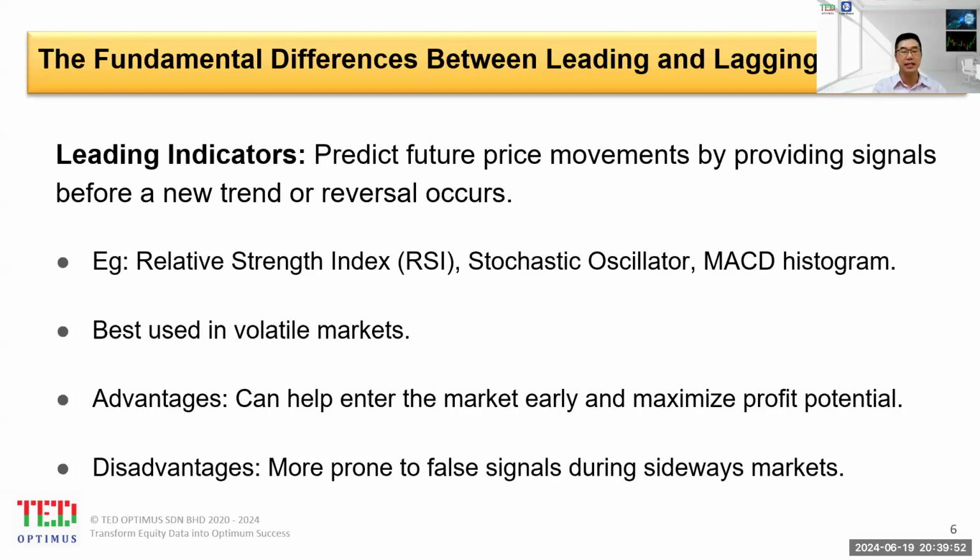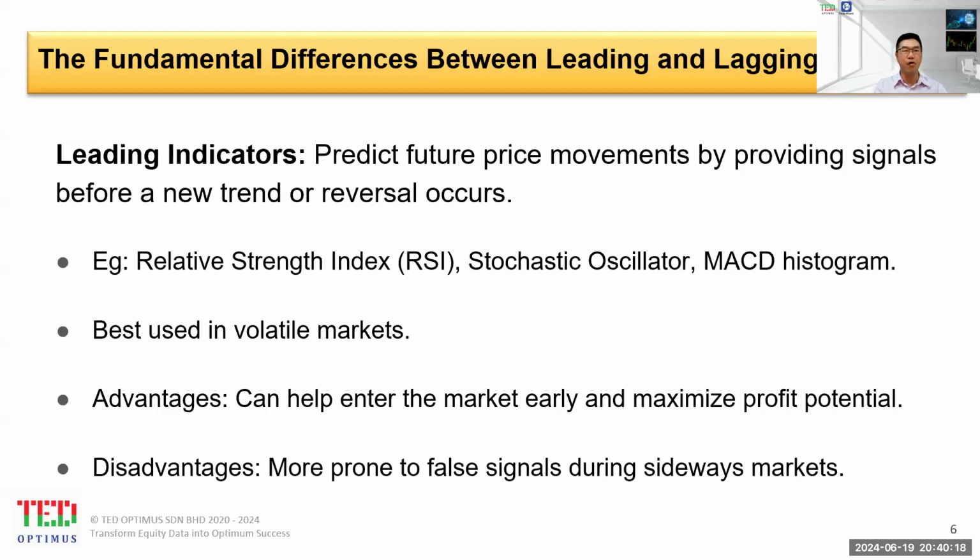And of course, the disadvantage is they are more prone to false signals during a sideways market. Because during a sideways market, you see up and down, but it may not actually give you a real good signal. That's why sometimes you see false signals, false breakouts, and so on.